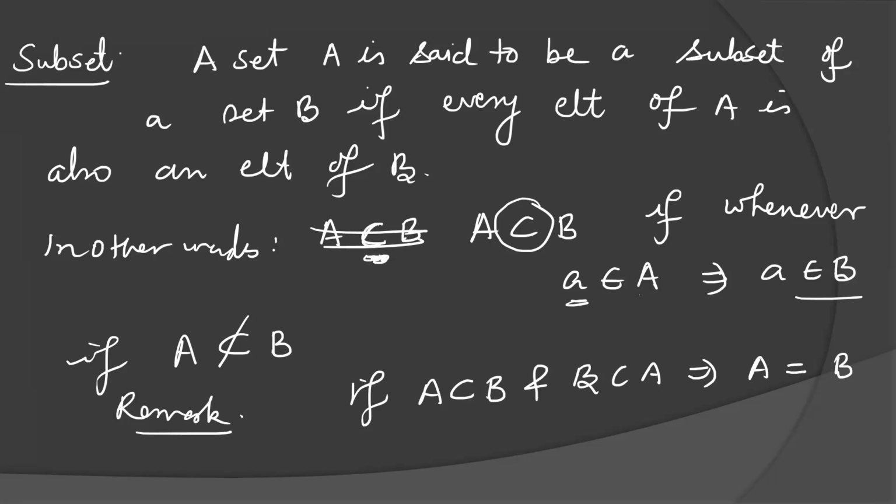It will become equal sets. One more important point here: every set is a subset of itself, and phi is a subset of every set.